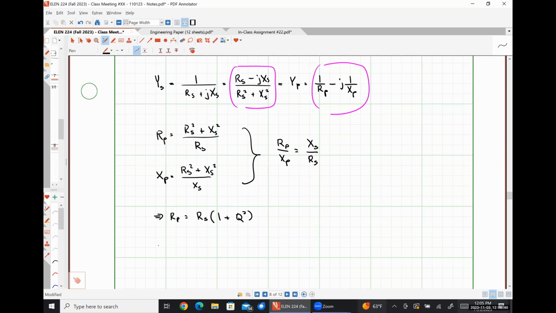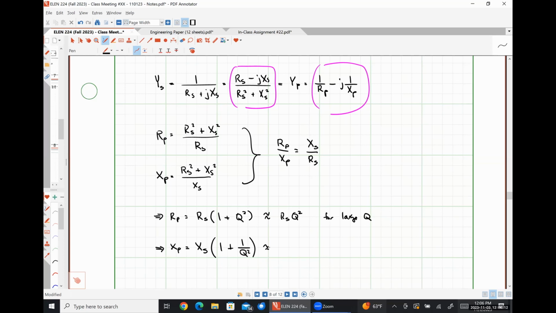And X sub P could be expressed as X sub S times 1 plus 1 over our quality factor squared, which will become approximately R sub S times Q squared for large Q.